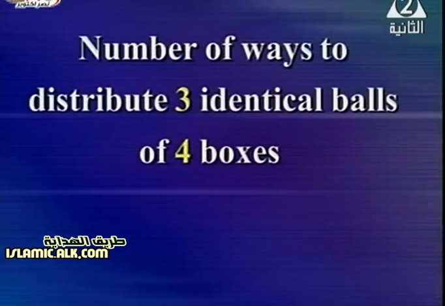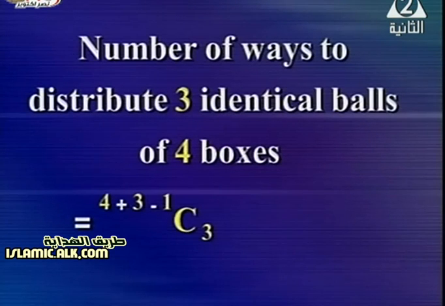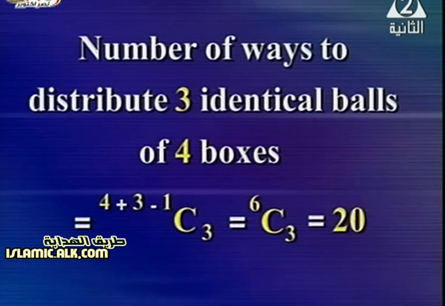Number of ways to distribute 3 identical balls into 4 boxes is 4 plus 3 minus 1 C3. 4 plus 3 is 7, minus 1 is 6, 6C3 is, by using a calculator, 20. The number of ways to distribute 3 identical balls into 4 boxes without arrangement is 20 ways.